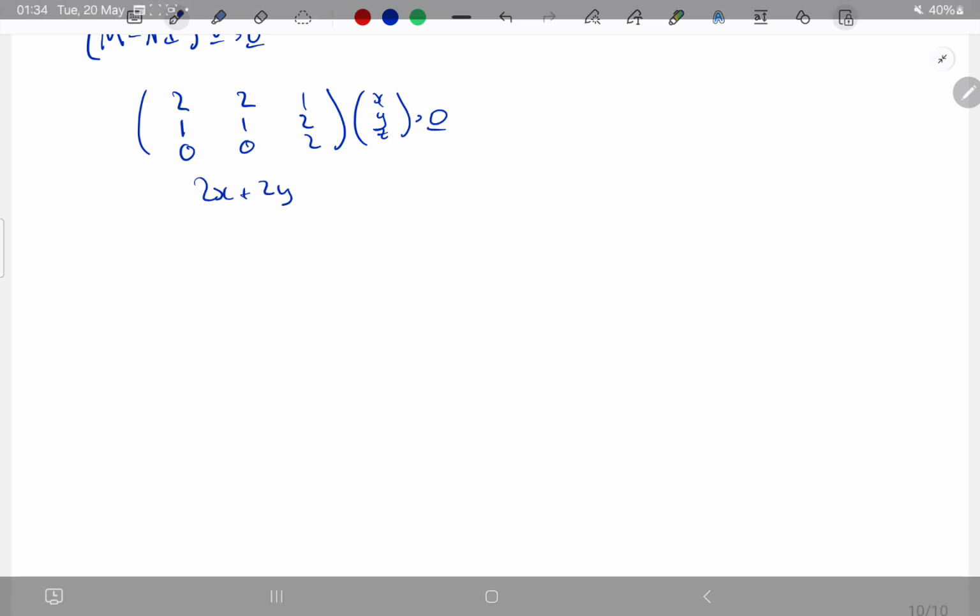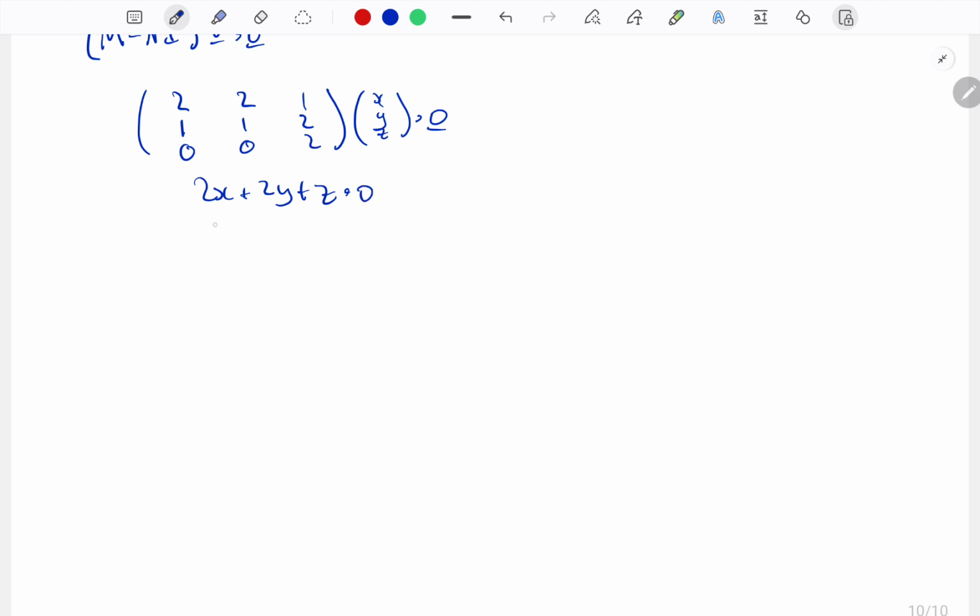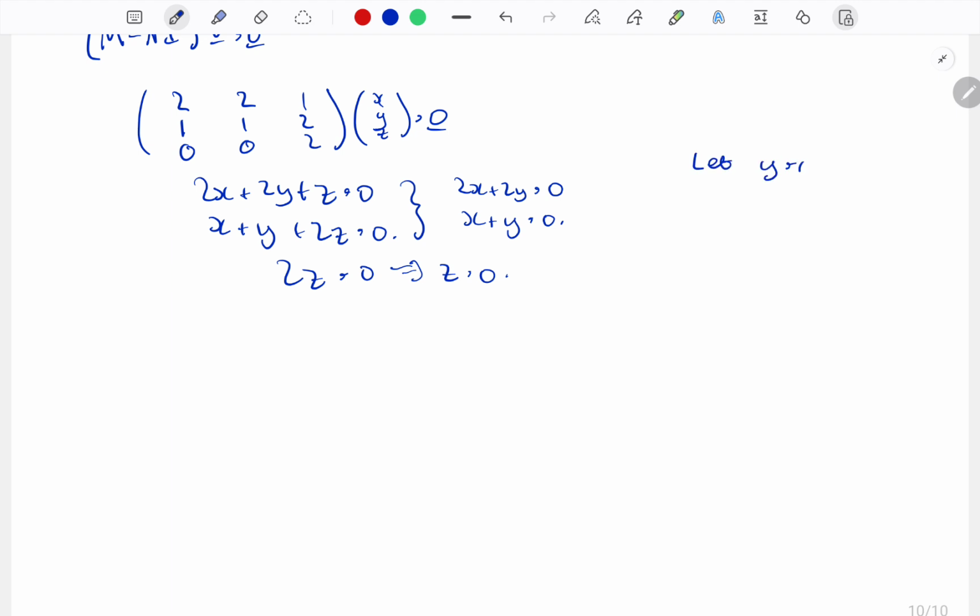So 2x add 2y add z equals 0, x add y add 2z equals 0, 2z equals 0, so z equals 0. Therefore, these two can be rewritten as 2x add 2y equals 0 and x add y equals 0. Let y equal t, x is equal to minus y, which is minus t. So the final eigenvector will be parallel to (minus t, t, 0), so it would be parallel to (minus 1, 1, 0).